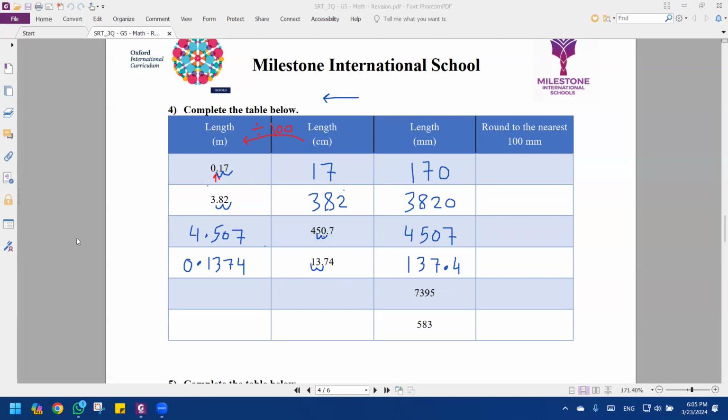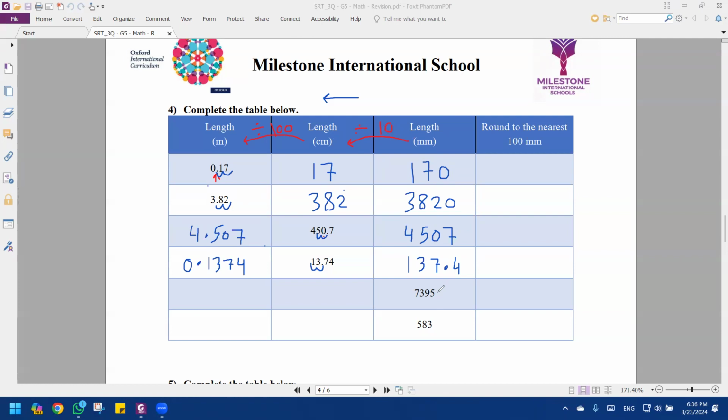Now we need to convert from millimeter to centimeter. From smaller unit to bigger unit, I divide. Millimeter to centimeter, 10. So there's no decimal point. Normally, the decimal point can leave from the right. Now I bring it back from the right side also.